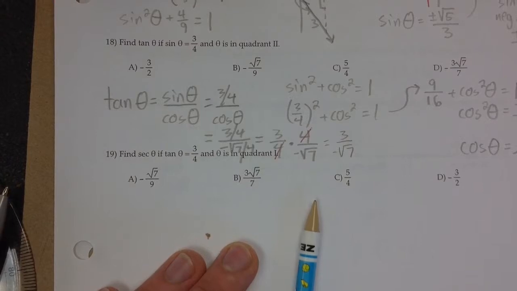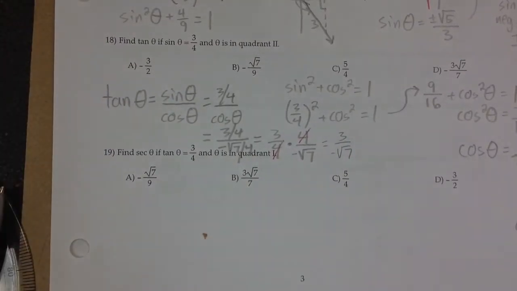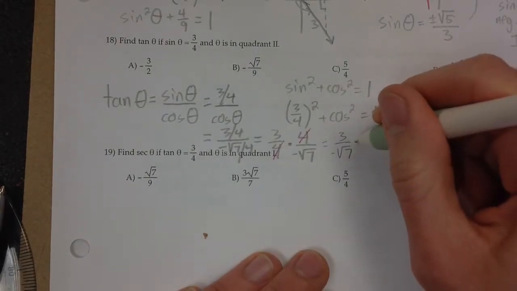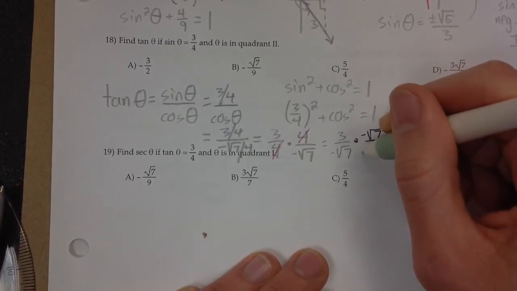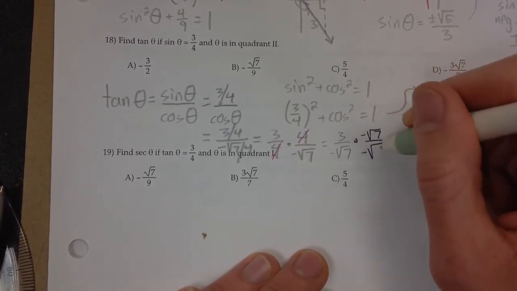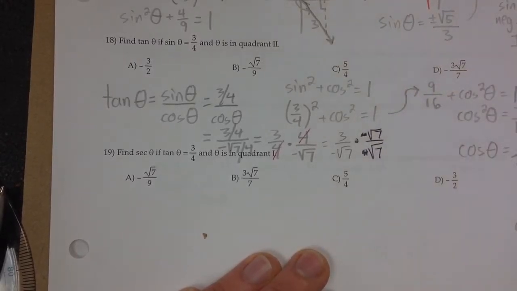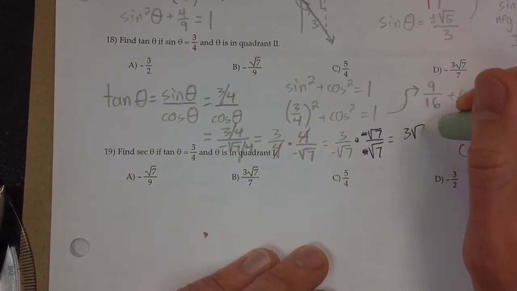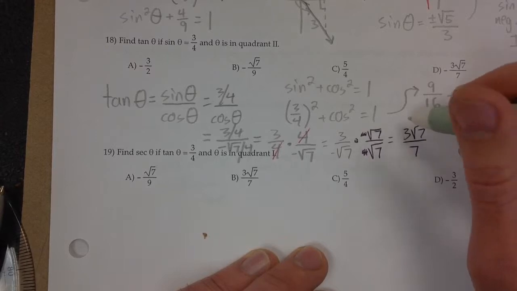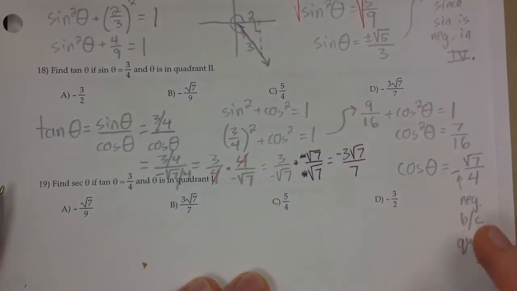Now we'll fix it. Let's rationalize this. So 3 root 7 over 7, and it's going to remain negative. Is that an answer? Yes.